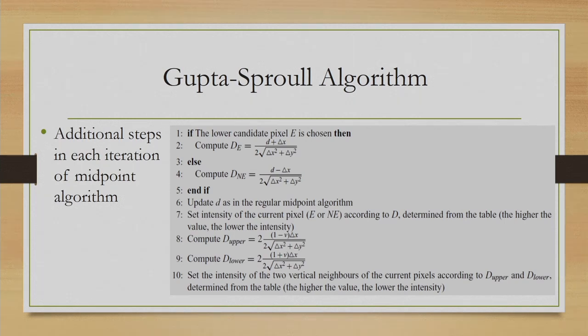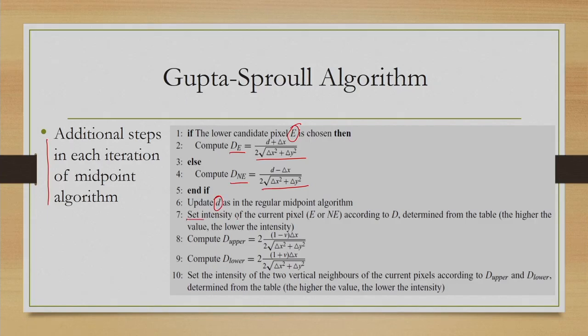So, there are a few additional steps performed in each iteration of the midpoint algorithm. In the regular algorithm, we do not modify the pixel colors, whatever line color is there, we choose that to be the chosen pixel color, but here in the Gupta-Sproul algorithm, those steps are modified. So, after choosing a candidate pixel, we determine the line color by first computing the distance. If E is chosen, then the distance is given in this expression, otherwise if NE is chosen, then a separate expression. Then we update the decision value as in the regular algorithm.